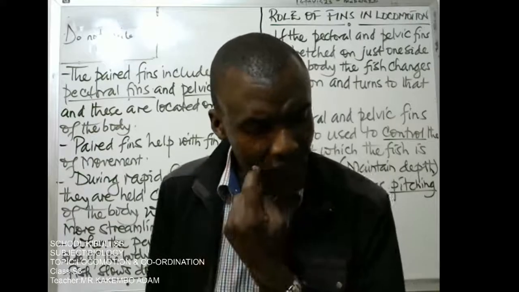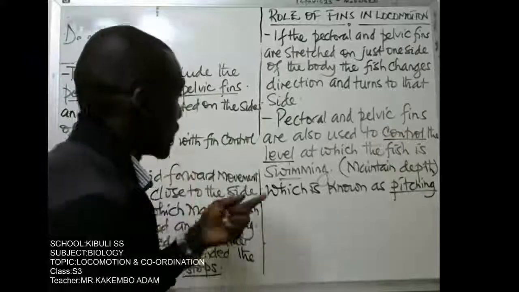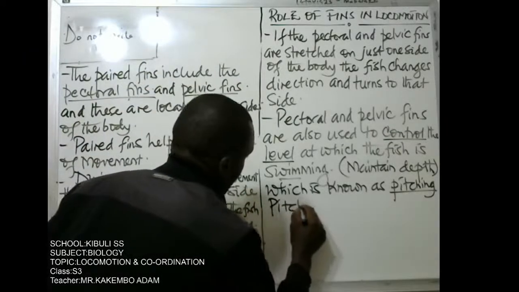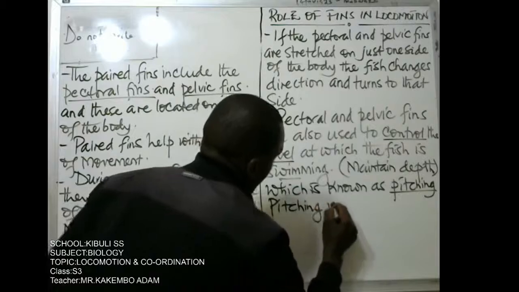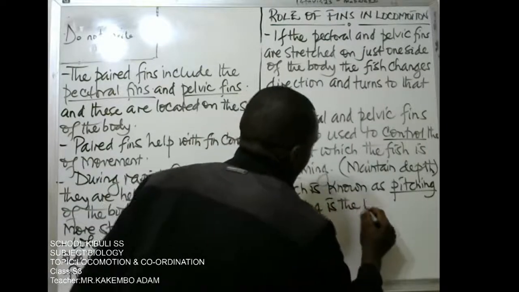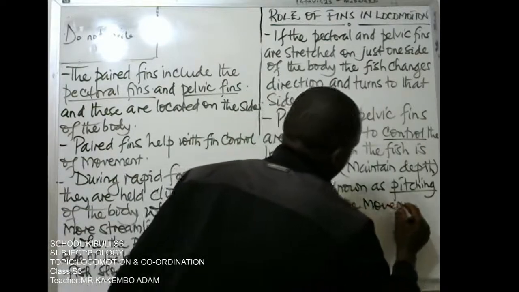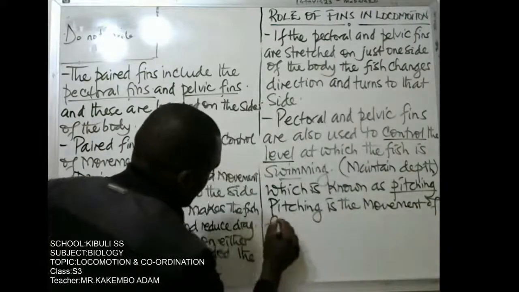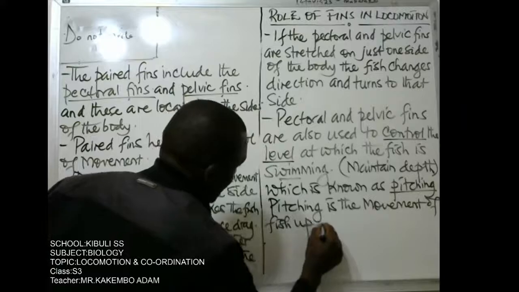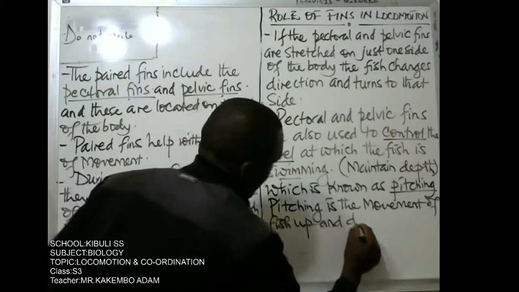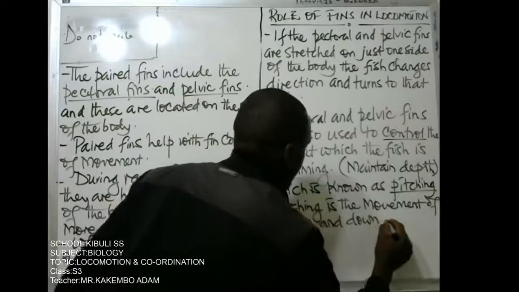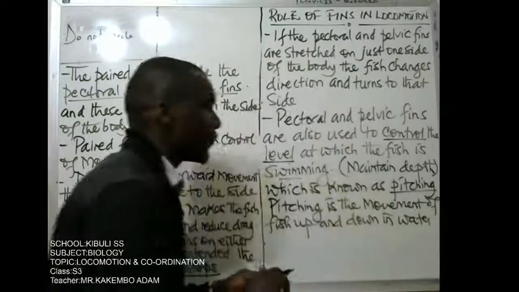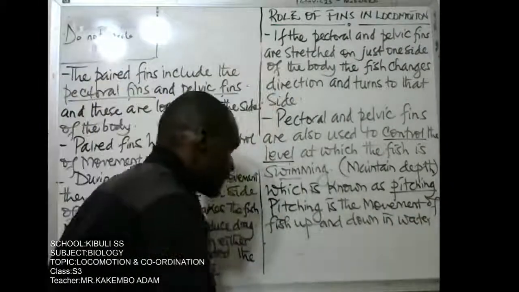I.e. the movement of fish up and down in water. Pitching is the movement of fish up and down in water. So the fish can't move up and down, right?